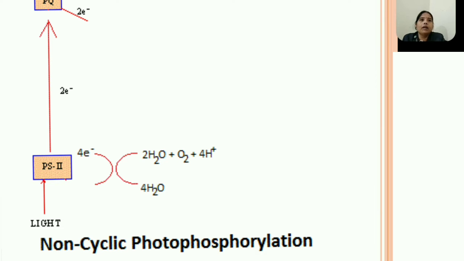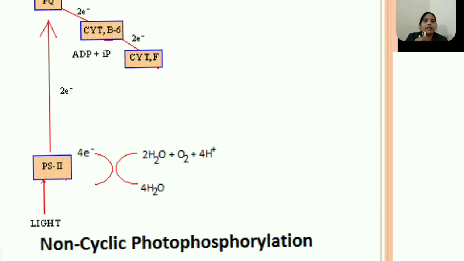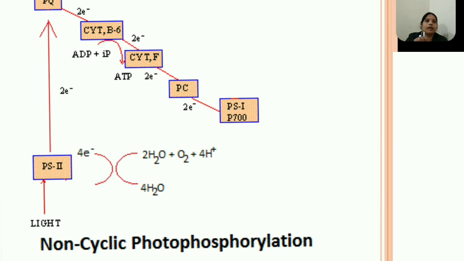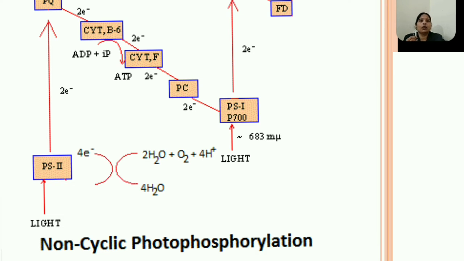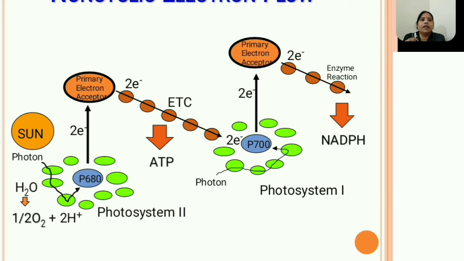Then the primary electron acceptor receives the electron, and all these electrons are transferred via the electron transport chain to P700. The primary electron acceptor FRD receives this electron and transfers it to NADPH2, and splitting of water recovers the lost electron in P680.